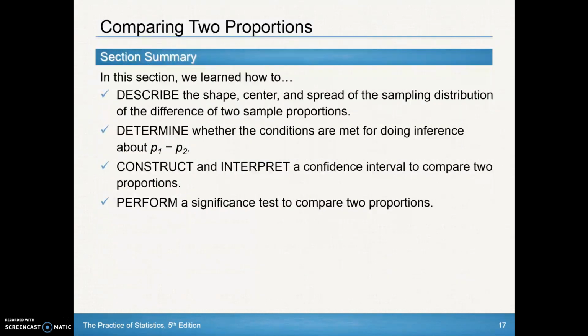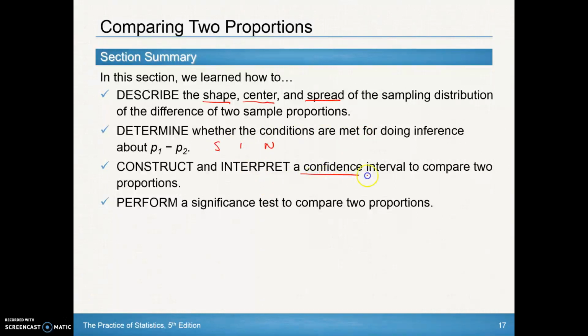So here's what we should be able to do. We should be able to describe the shape, looking for normality, the center, which is just the difference in the population proportions, and the spread, knowing that formula. And be able to determine the conditions that are met for doing inference, in other words, our SIN.